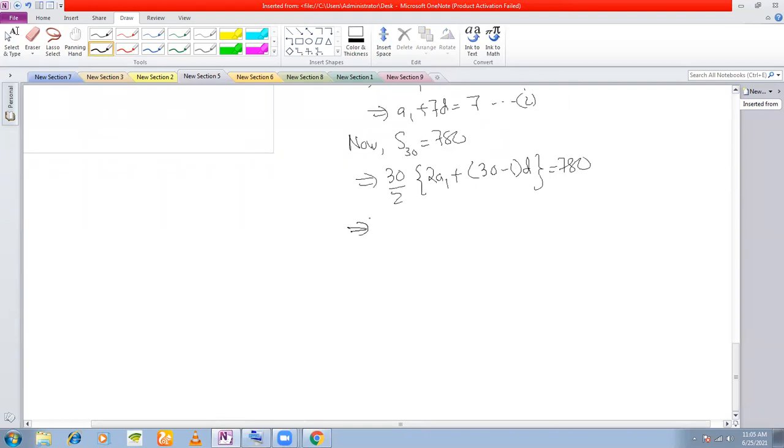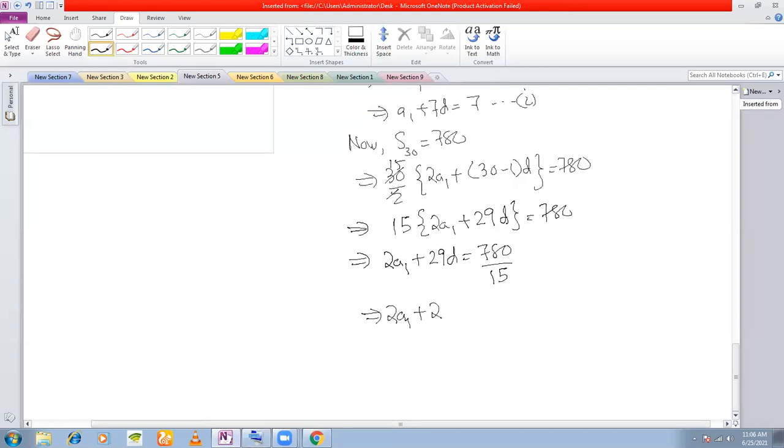Cancel this, 15 times (twice A1 plus 29D) is equal to 780. That means twice A1 plus 29D is equal to 780 divided by 15. Cancelling by 5 and twice gives 52. This is your second equation.